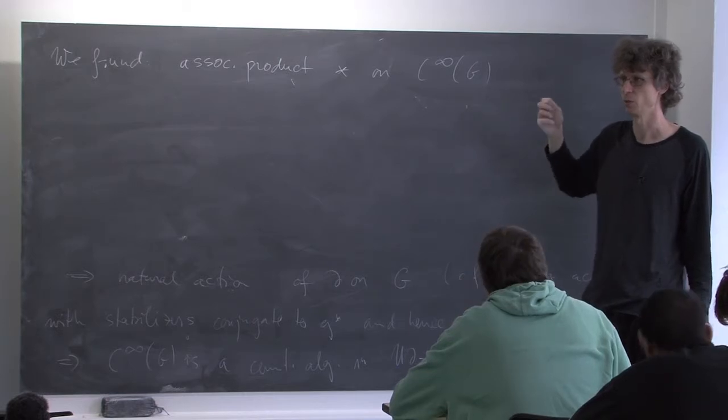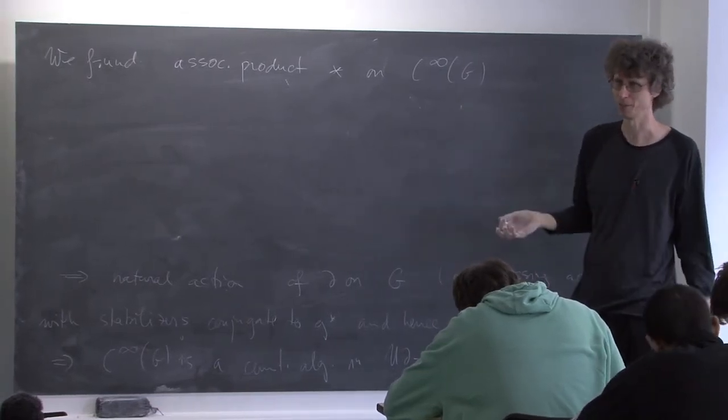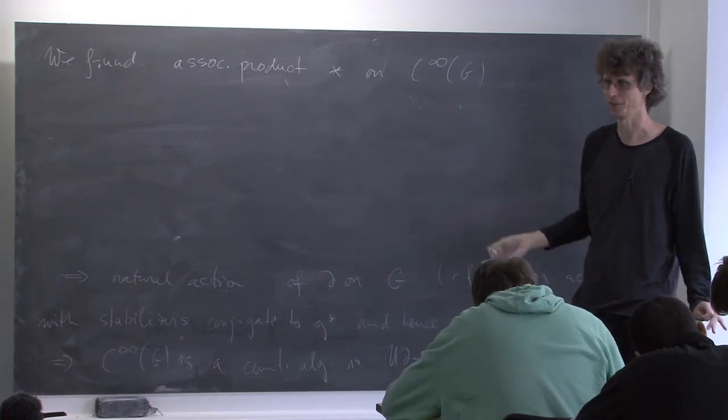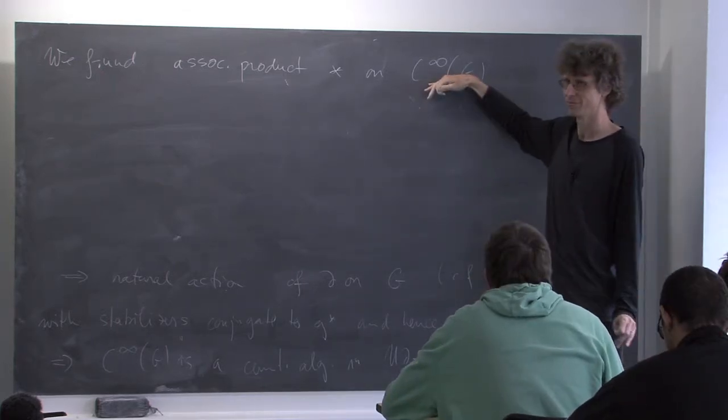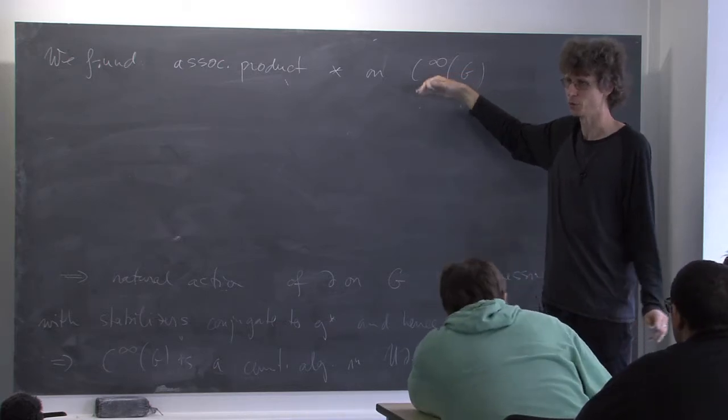When we set h bar equal to 0, there is no deformation happening anywhere that I wrote. So this product modulo h bar is simply equal to the original product.